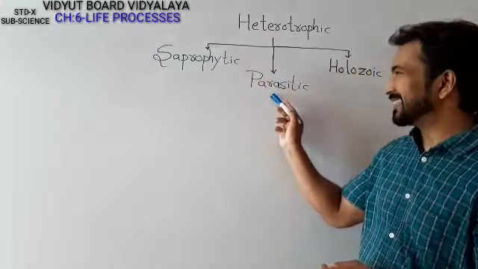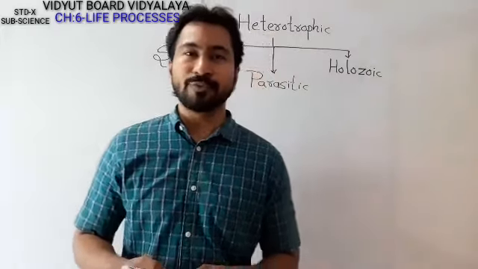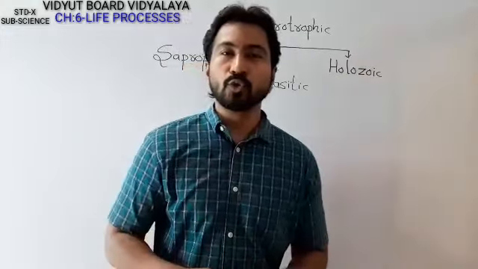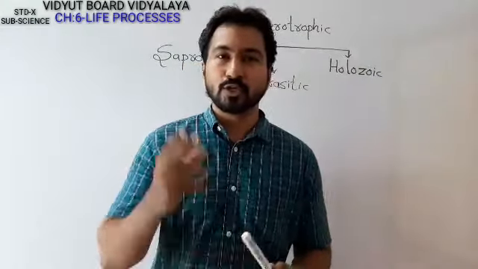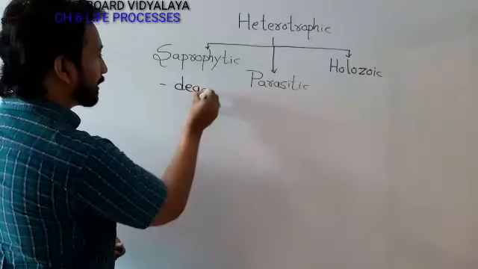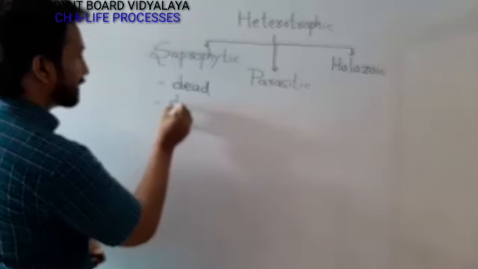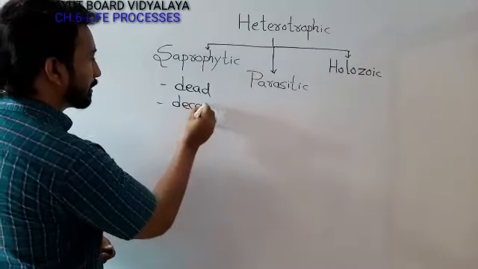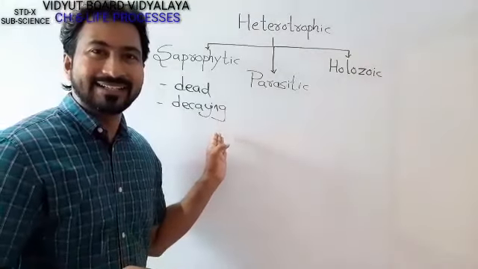Well, talking about the first one, that is the saprophytic. Now whenever we hear the word saprophytic, then 2 major words should come in your mind, that is the dead and decay. These are the 2 major words, dead and decay.